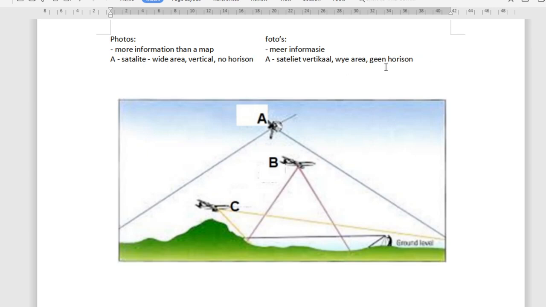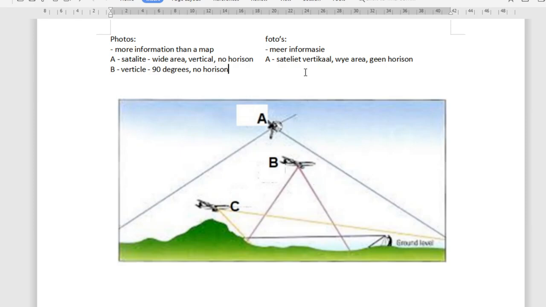Okay. Then looking at photo B, that's a vertical area photo. So a vertical photo is also 90 degrees. So it's vertical, as it says, 90 degrees. Okay. It's a smaller area than the satellite picture, and it also has no horizon.